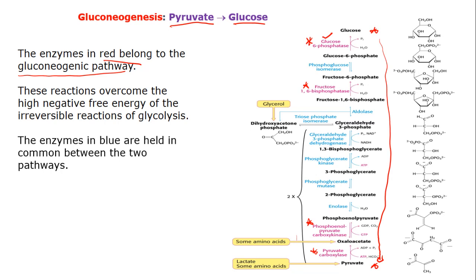Gluconeogenic pathway. Take note of all of them, the four of them. Then these reactions, they normally overcome the high energy free of the irreversible reactions of glycolysis. Now, the enzymes in blue are held in common between the two pathways.